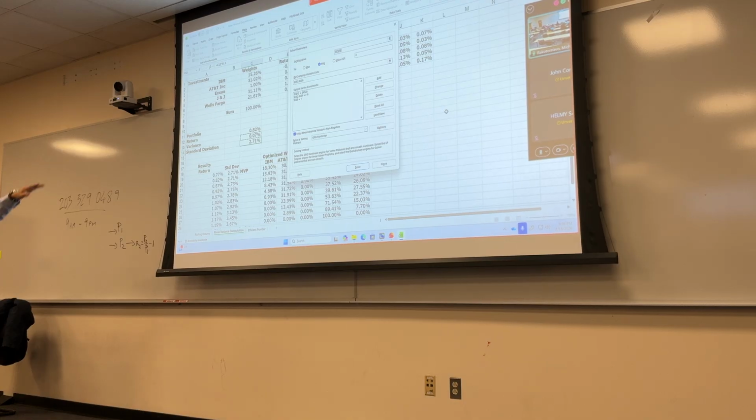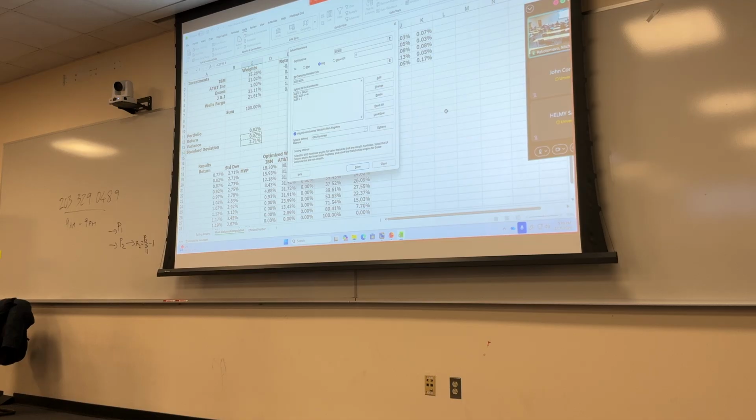What is the second constraint? Anyone? What does it say? Yep. Mara. The weights have to be greater than 0. Yeah, all of the weights should be greater than or equal to 0. Right? So C2, C6 greater than or equal to 0. So in this setting, and this is true most of the time anyway, we do not want to have short positions here.